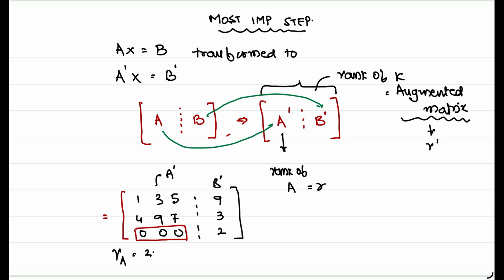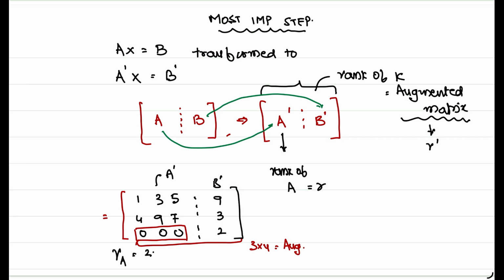That is transformed A. Then, what is the rank of this augmented matrix, the total matrix? All the rows are non-zero, because it is a 3 by 4 matrix, 3 rows and 4 columns.